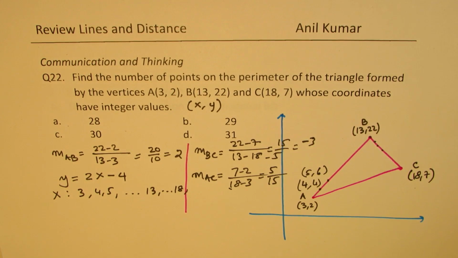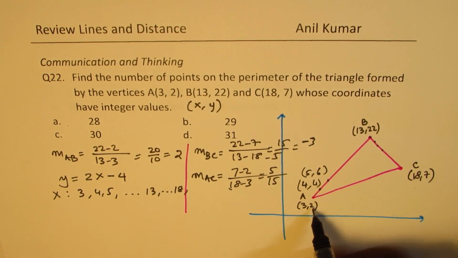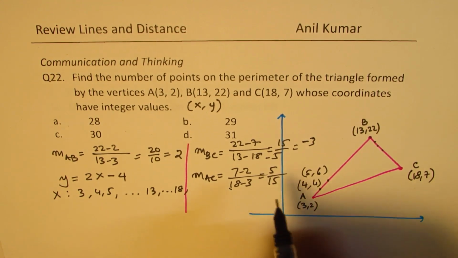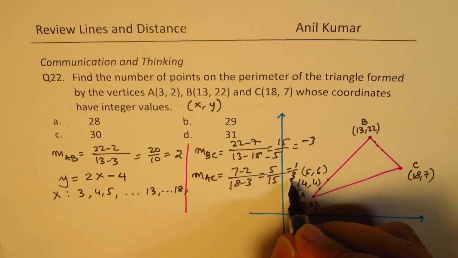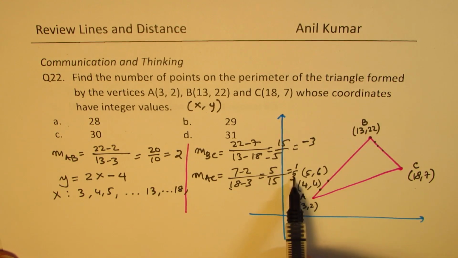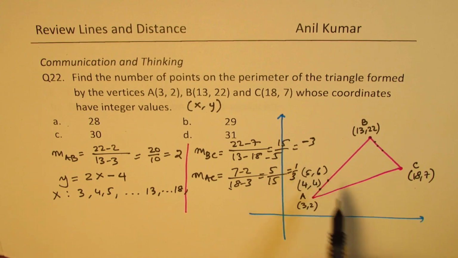So we have a slope of 1/3. So that means that to get the integer values, we have to increase x 3 times.